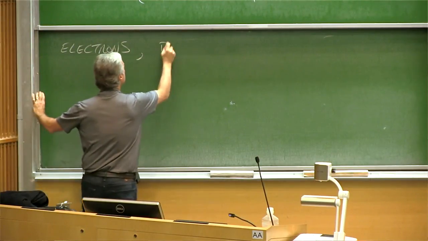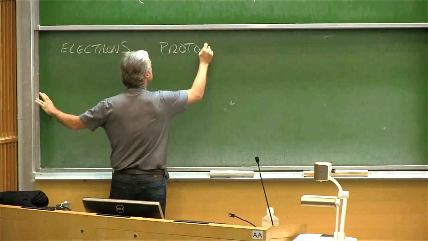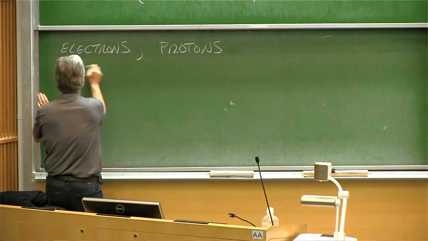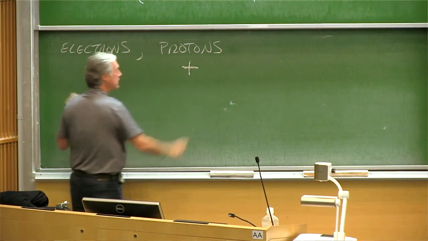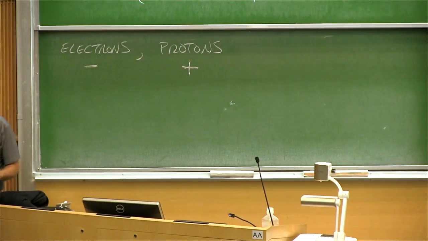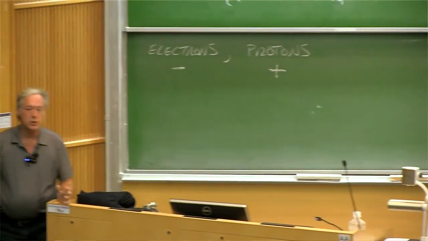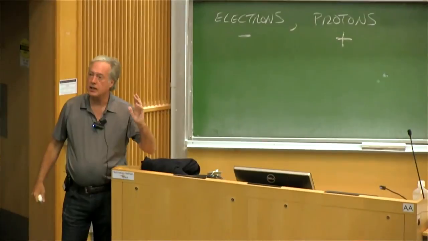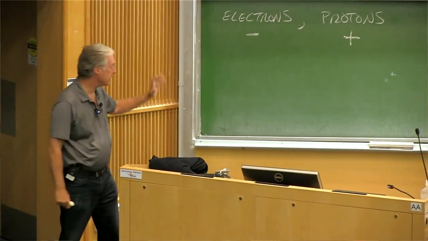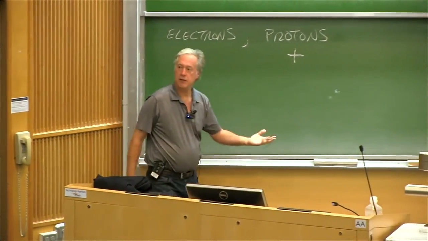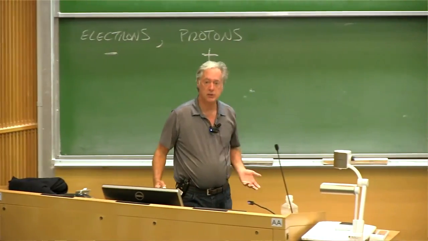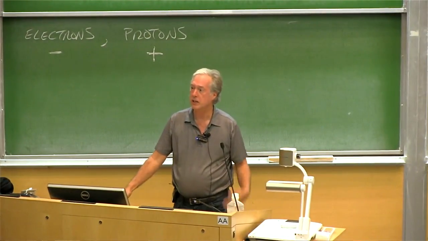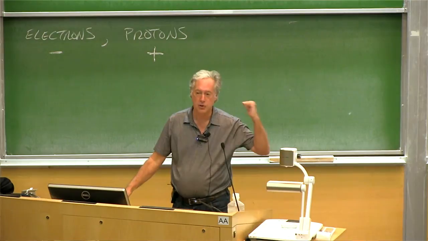and protons. So these guys we're going to give a negative, and these guys we're going to give a positive to. It doesn't matter which way we do this. This is a convention. We know that they have opposite effects on each other. One of them needs to be positive, one of them needs to be negative for the mathematics.